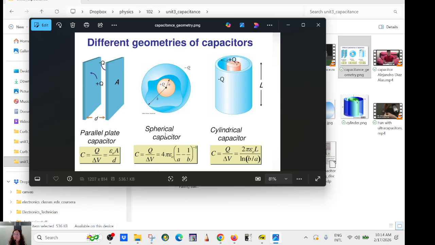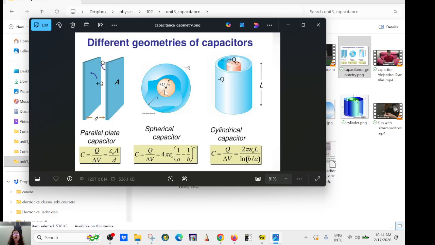But sometimes you need to find how much charge will be stored if you have a spherical capacitor. For example, the Earth is a spherical capacitor. It's going to hold charges, so you can do the computation. If you have a Van Graaff generator, that will be the plus, and here will be the ground.